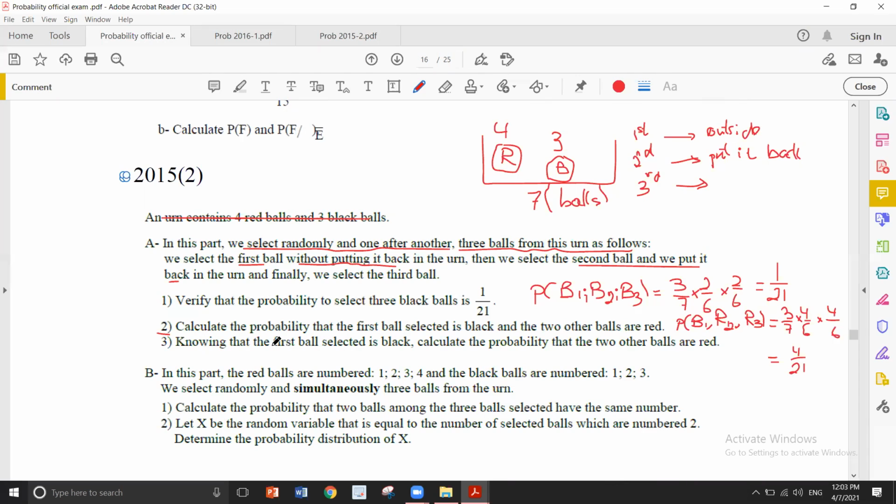Part 3, the last part for today. Knowing that the first ball is black, calculate the probability that the others are red.